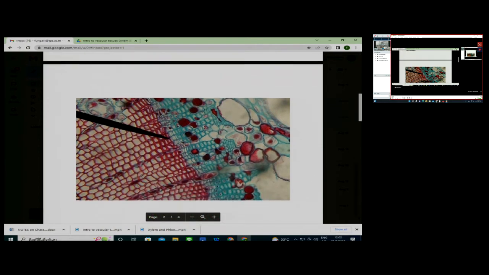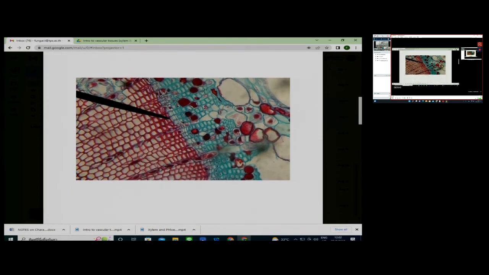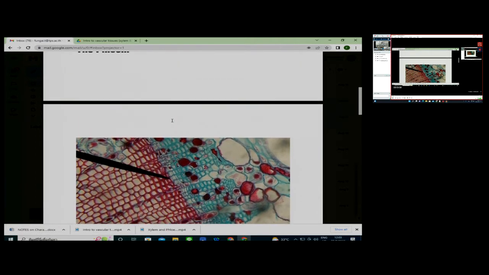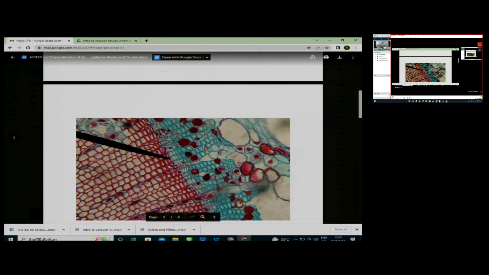So, if you look at the picture, there are some tiny pipes which are found when we cut a tree and place the part under a microscope. This is what we are going to see. Tiny pipes that move fluids up and down the tree. Right, I want you to copy this in your books.